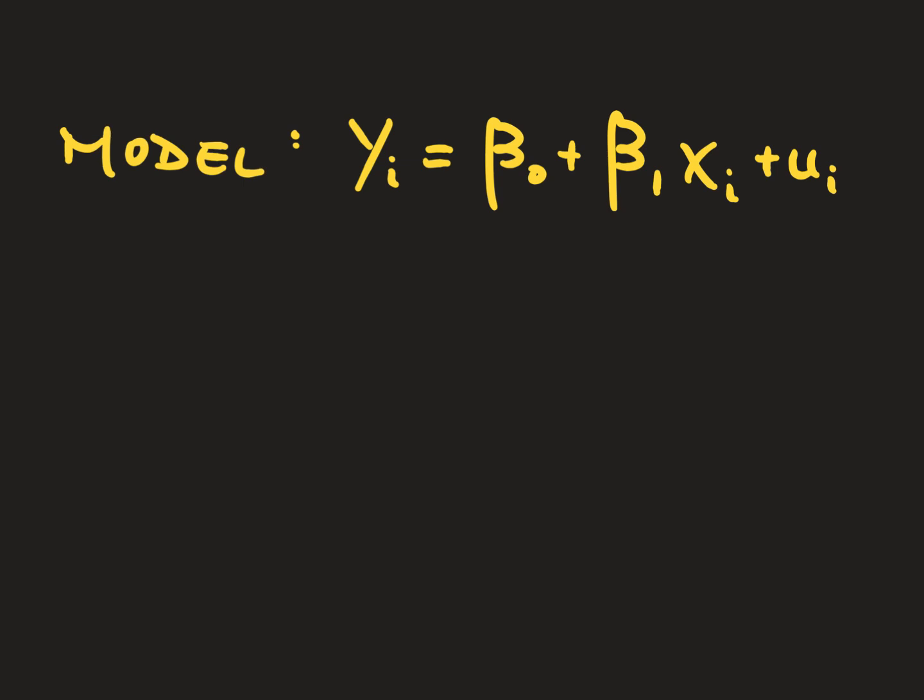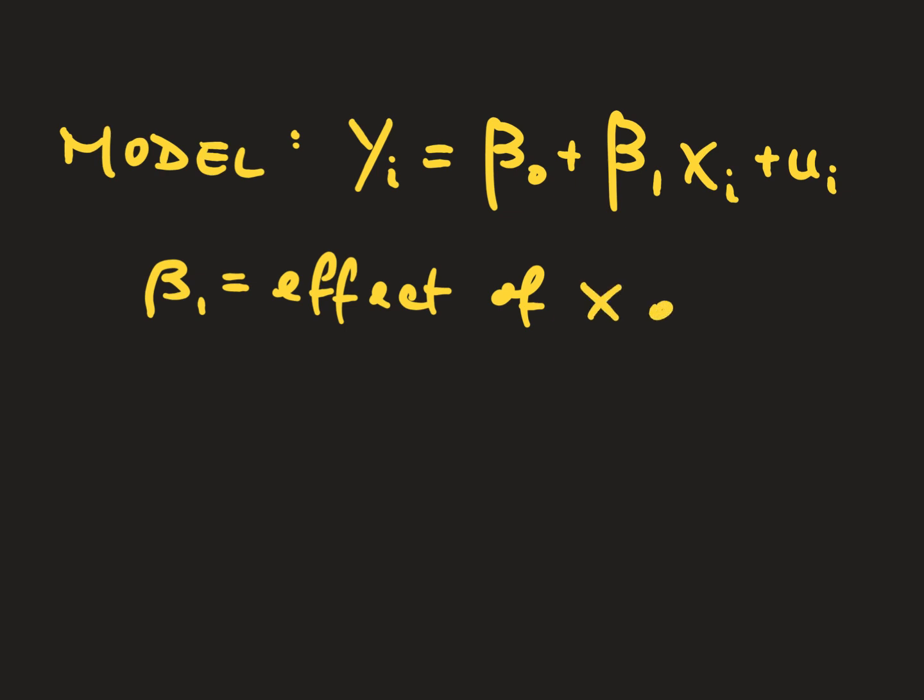We have a way of estimating the coefficients, but the thing that we're most interested in is beta 1. That's interpreted, or we would like to interpret it, as the effect of x on y.